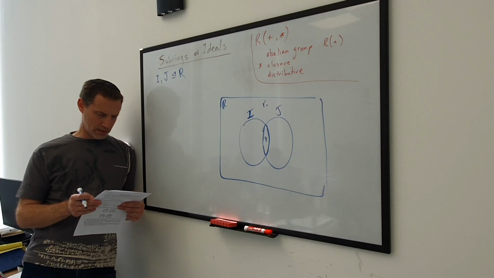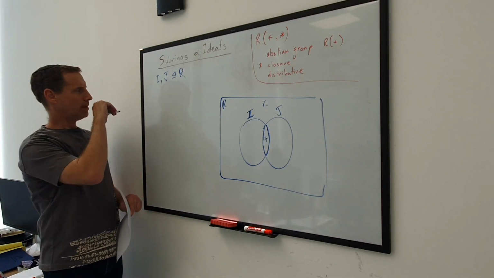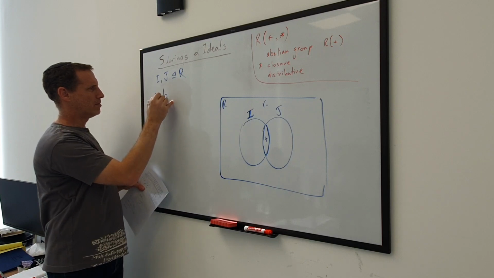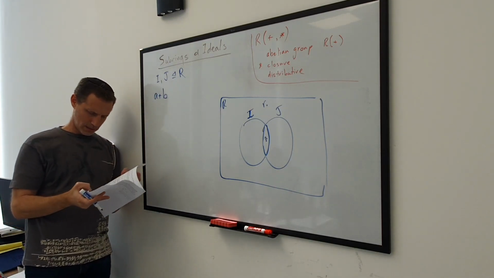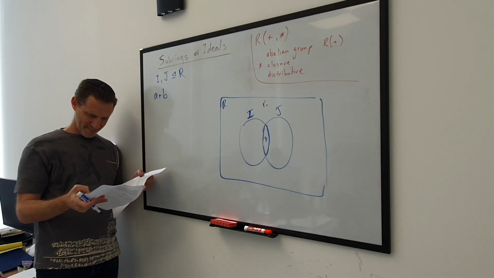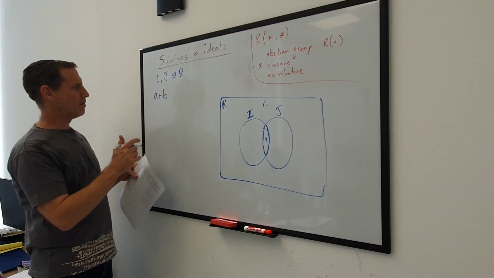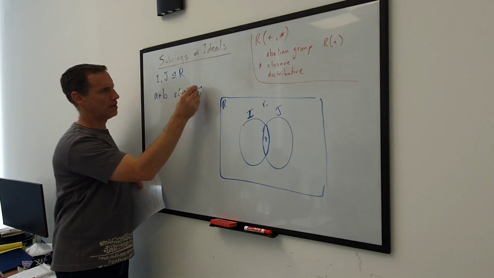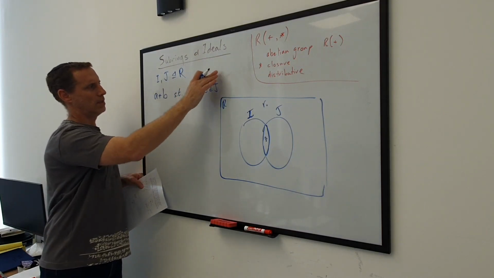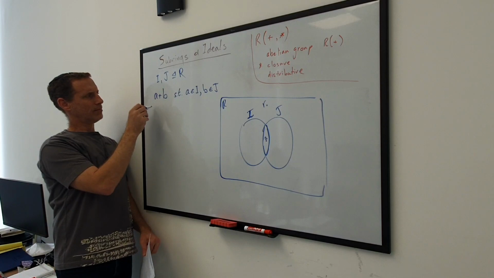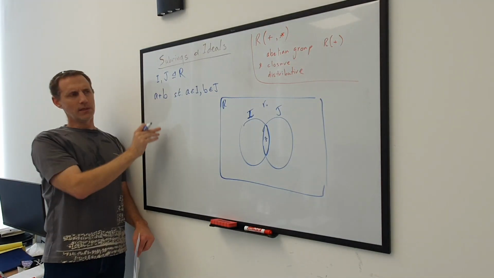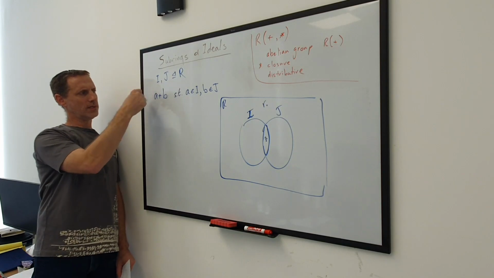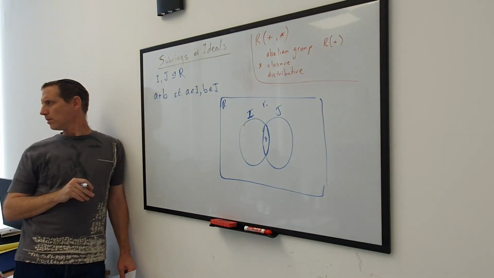Let's look at an ideal sum. An ideal sum says that I'm looking at A plus B such that A belongs to I and B belongs to J. So I'm looking at all sums like this, where I take something from here plus something from here, and I'm asking if the set of all these sums is also an ideal.